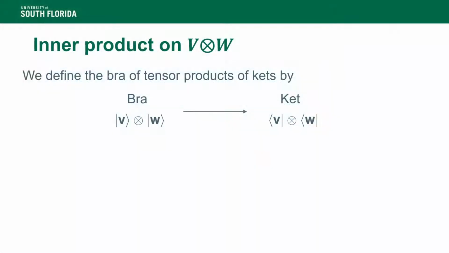So how do we define our inner product? By saying that on our pure tensors, we've got V tensor W, and I'm looking at kets here, with V prime tensor W prime, is going to be, by definition, V inner product with V prime times, that's just the regular multiplication, W inner product with W prime, okay?